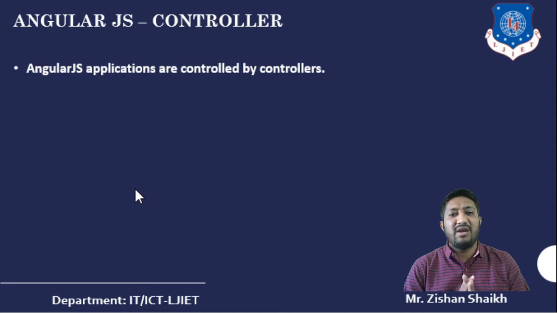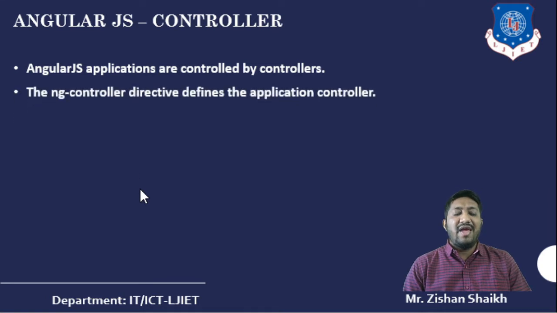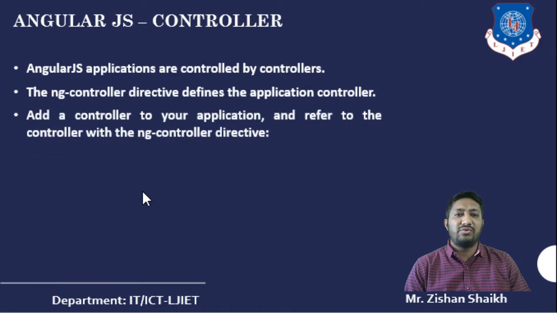AngularJS applications are controlled by controllers. Without a controller, you cannot control all the variables defined in different files. The ng-controller directive is used for that controlling part. You can add a number of controllers in your application, and using ng-controller you can handle that.